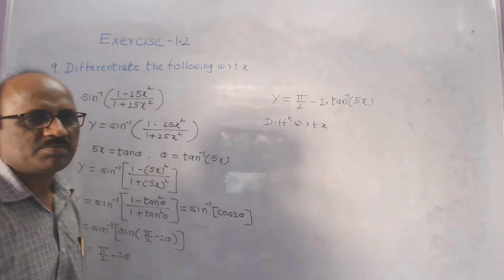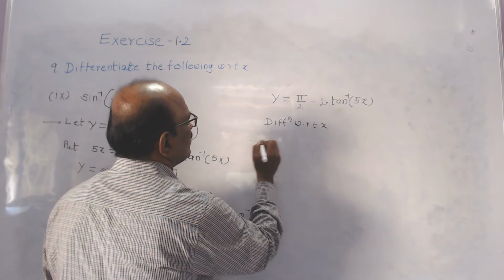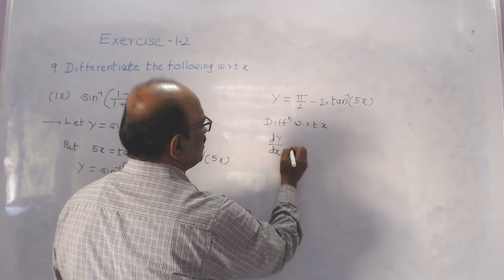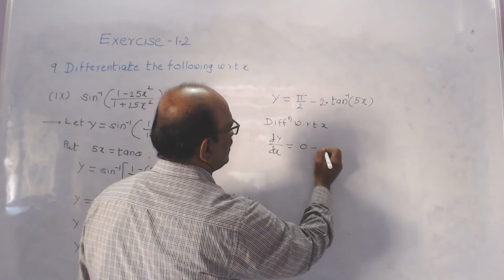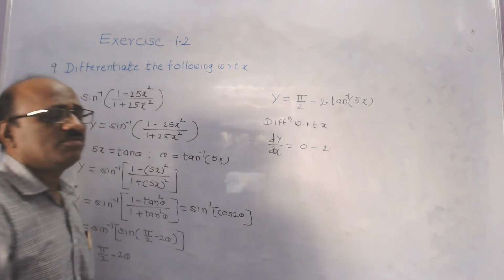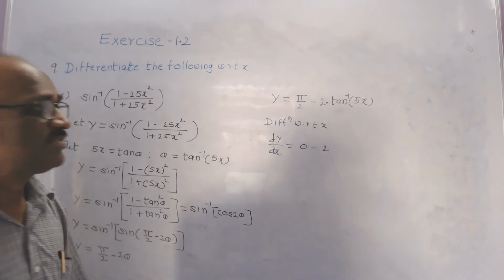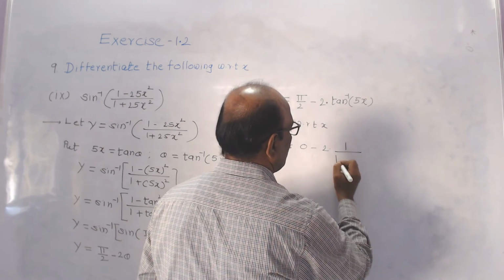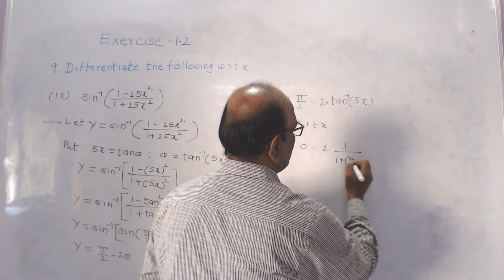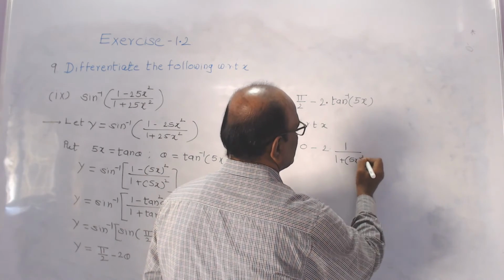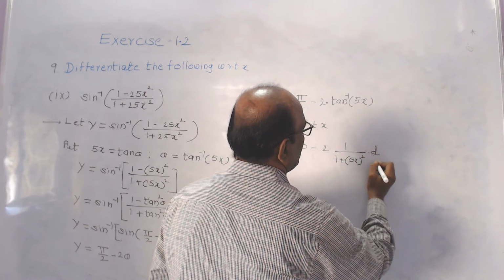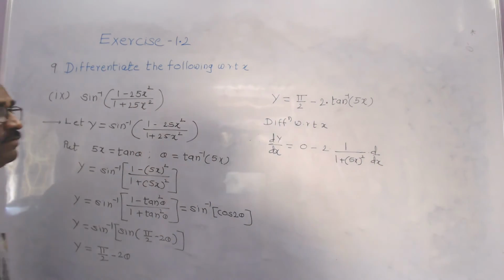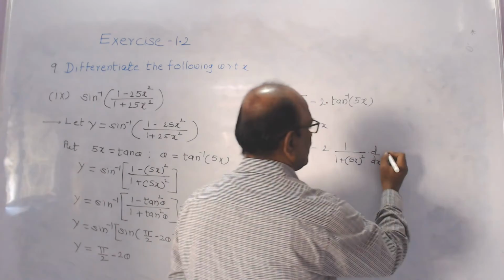Now differentiate this with respect to x, and therefore dy by dx is equals to 0 minus 2. Derivative of tan inverse of x is 1 upon 1 plus x square. Similarly here, derivative of tan inverse of 5x is 1 upon 1 plus (5x) bracket square into derivative of 5x.